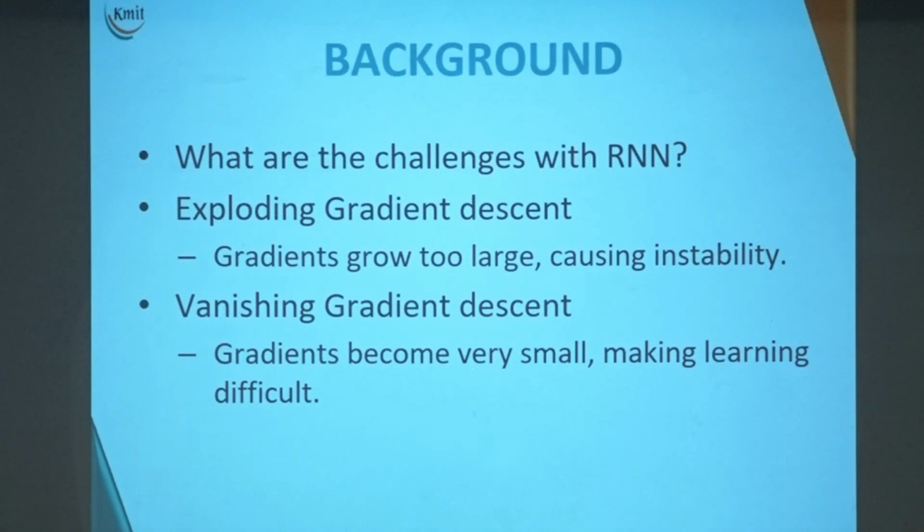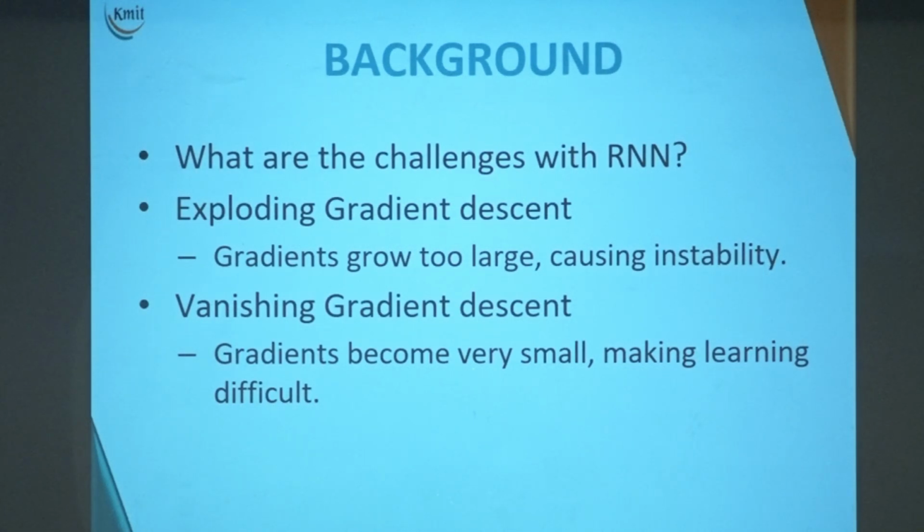So what were the challenges? Now technically, you all know that there is forward propagation as well as backward propagation happening inside RNN also. So you use the gradient descent algorithm inside that particular neural network. Now RNN was facing challenges like exploding gradient and vanishing gradient. What is this exploding gradient?